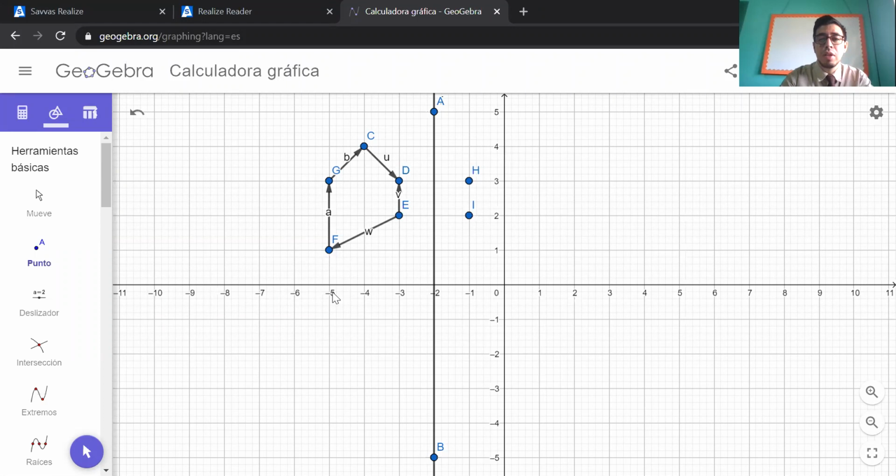Because if you have negative 5, for example, you move the number of units depending on the line of reflection. So this, can you see, is separated 1 unit. The other point has to be located in here. The other point is going to be located in here. This point is going to be not only 1 unit, but 2, okay? So that's what we have, right?